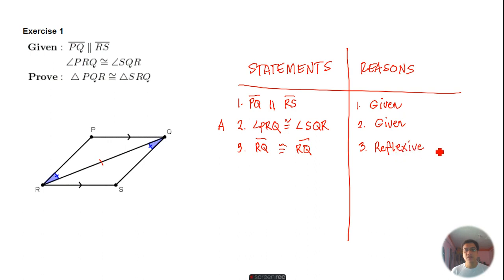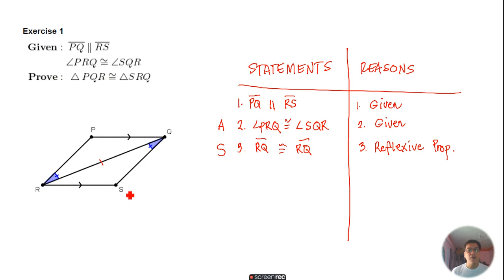So next, do we also have angles that are congruent? By the way, this is now our side. We are given a clue that PQ is parallel to RS. Therefore, we can say that side RQ becomes a transversal that cuts the two parallel lines.